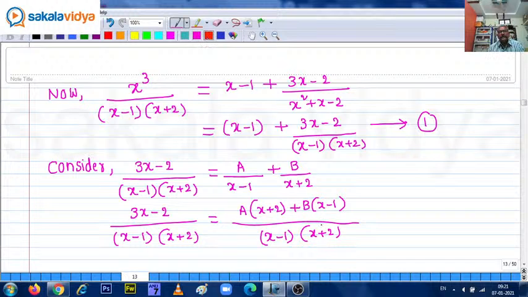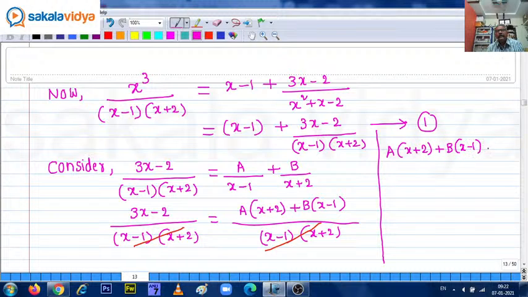The x minus 1 into x plus 2 on both sides gets cancelled. Here we have a times x plus 2 plus b times x minus 1 equal to 3x minus 2.